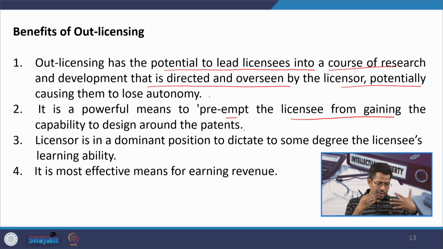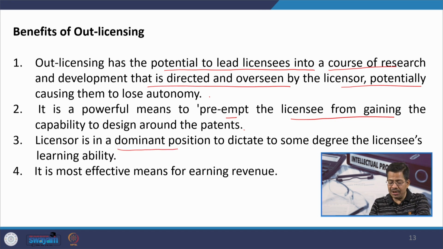You can anticipate what the licensee is going to do around this particular patent, and therefore, you can be more proactive. You can understand the interest of those organizations, in which direction they are going to lead their interest.